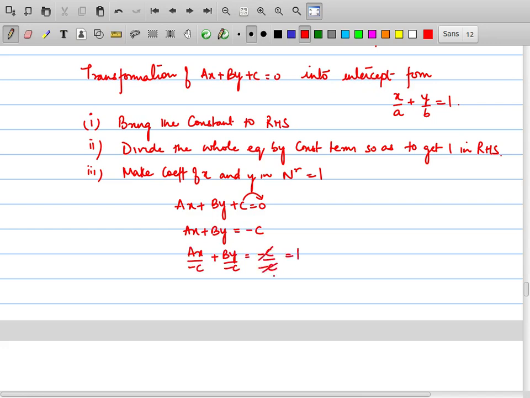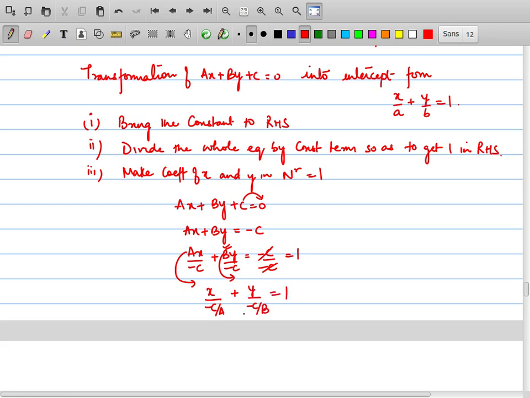What we intend to do is to bring 1 on the right hand side. Now make the coefficient of x 1 in the numerator, that is get rid of this a and b. How can we get rid of this? By taking this in the denominator. What we get is x upon minus c by a plus y upon minus c upon b equals 1.